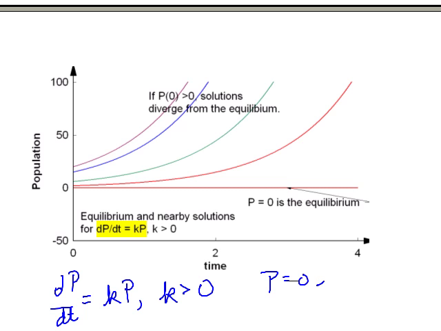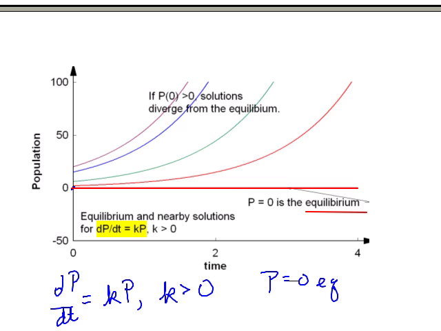Any solutions that start with a 0 population stay there. This is my equilibrium solution right here. If you start with 0 individuals, the population does not get either bigger or smaller. In fact, it stays at 0. That's my equilibrium.